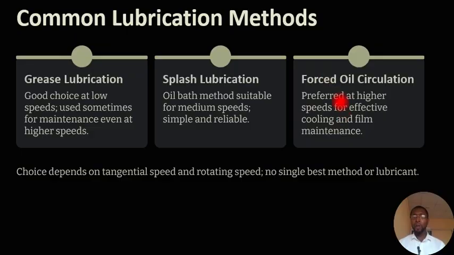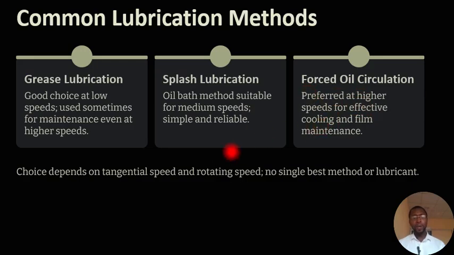Then you apply what we call the forced oil circulation lubrication method. It's effective for film maintenance and for cooling. That's where it is effective. If you want to maintain film, make use of this forced oil circulation lubrication method.